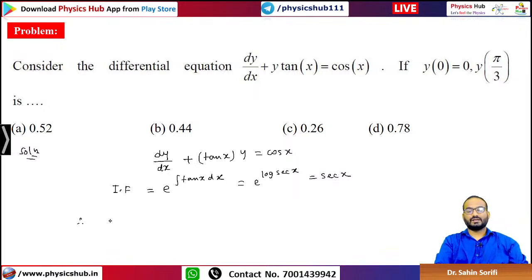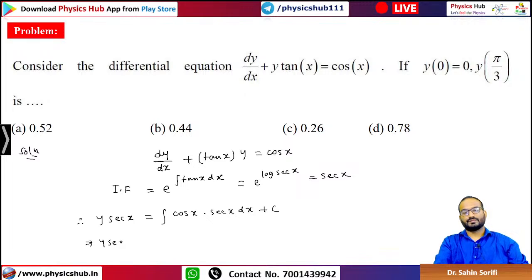And hence we can write the solution. Integrating factor multiplied by y we are writing on this side, equals integration q of x integrating factor dx plus c.